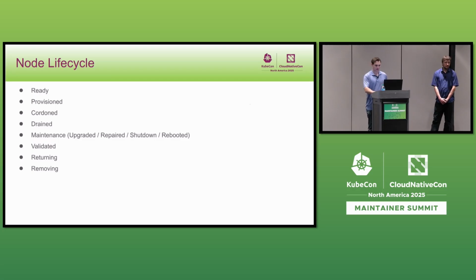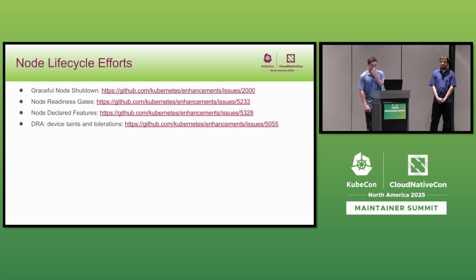We've looked at a few efforts we've been following, like Graceful Node Shutdown. Filip mentioned that one as well. You can think of it in the context of node lifecycle. Imagine a kubelet is going through Graceful Node Shutdown and the kubelet stopped, or the node rebooted accidentally.